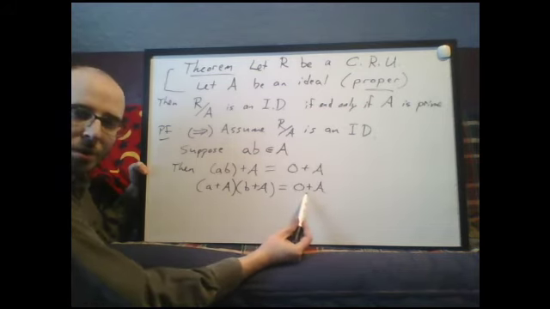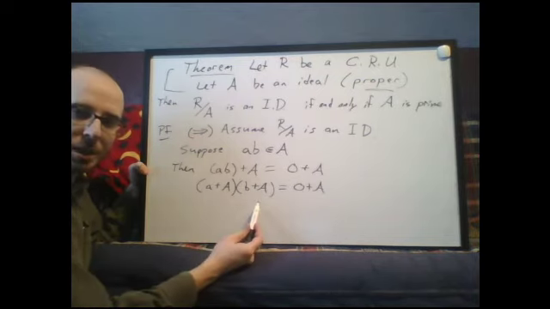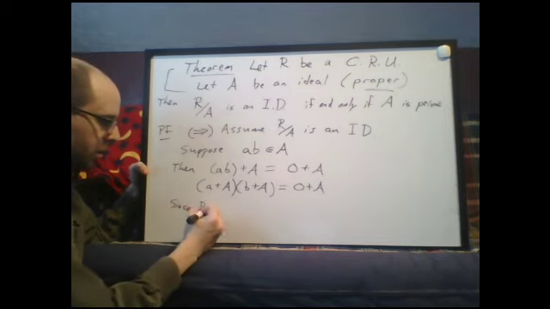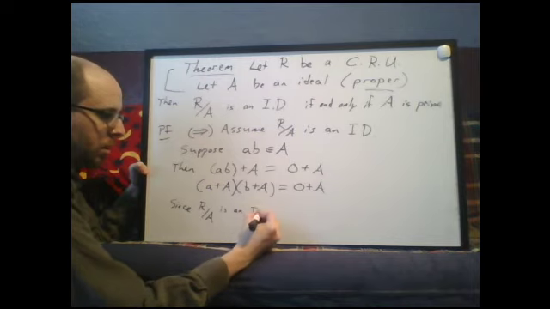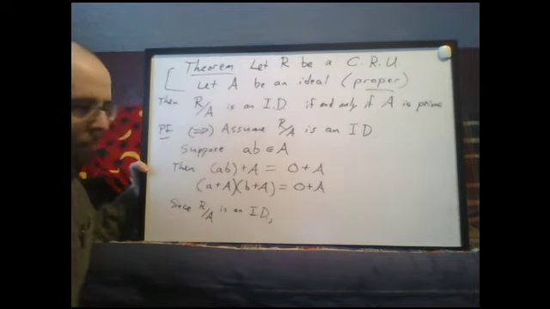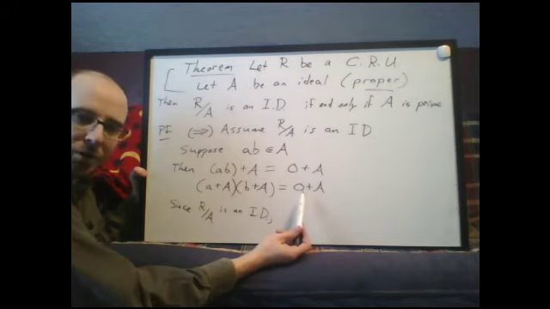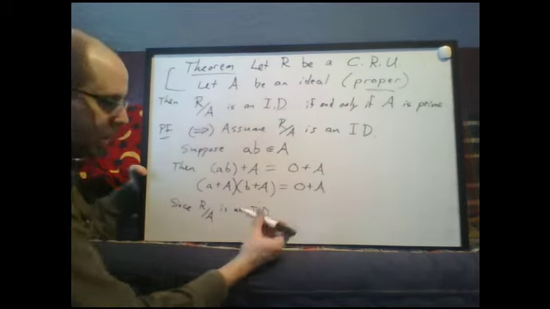The 0 element of the factor ring factors as this times this. Now we use the integral domain property. If the 0 element factors, one of the factors has to be the 0 element.